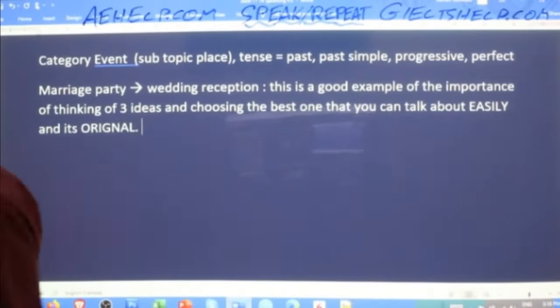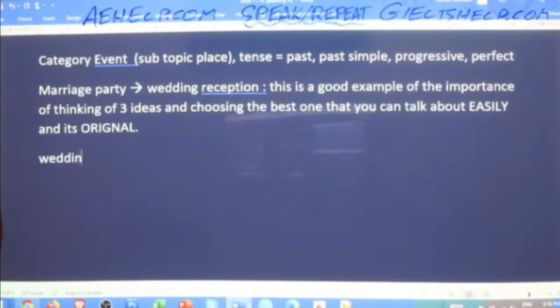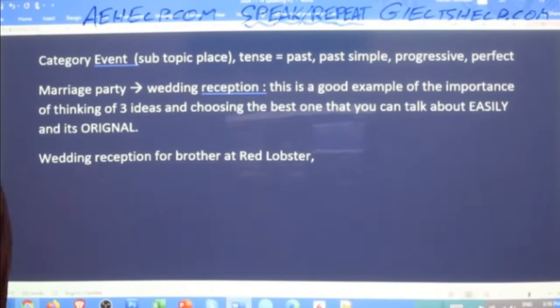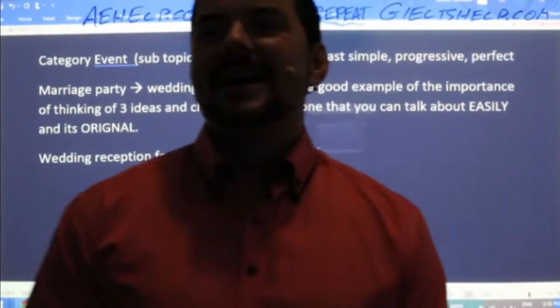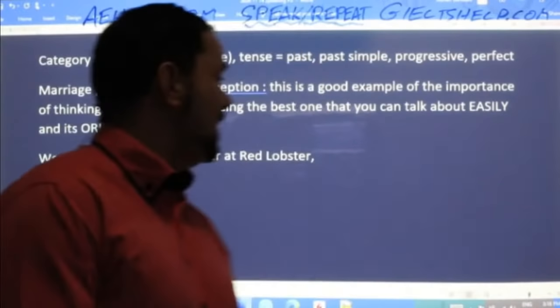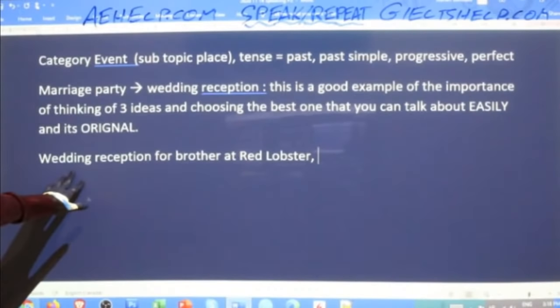Okay, so a wedding reception is one idea. Wedding reception for my brother at Red Lobster. Okay, so fine, that's okay. All right.